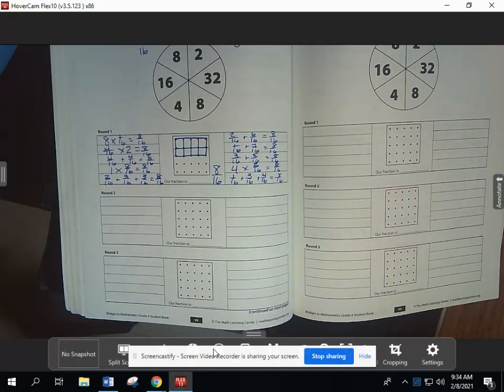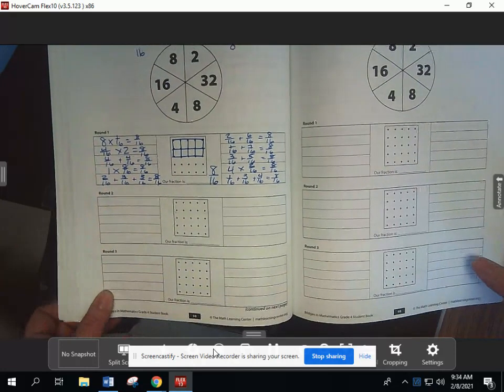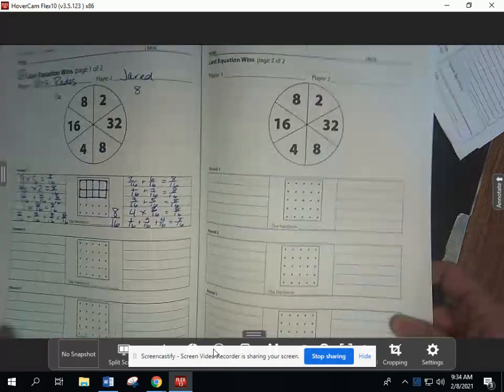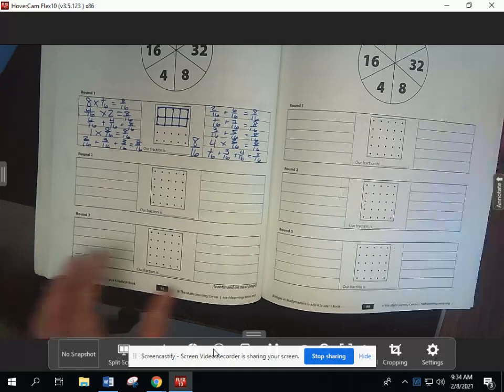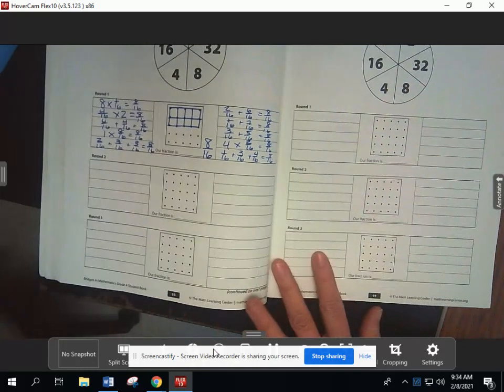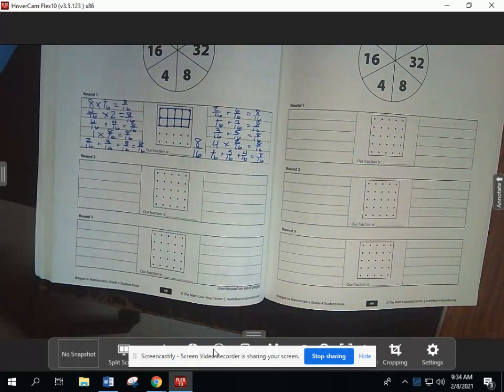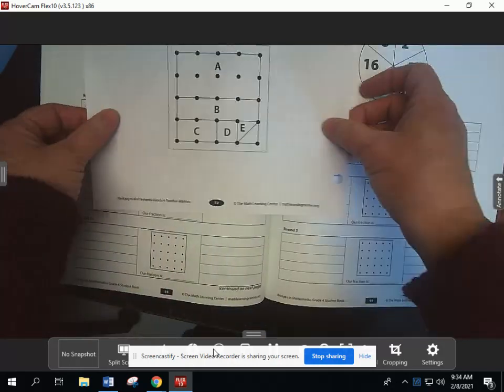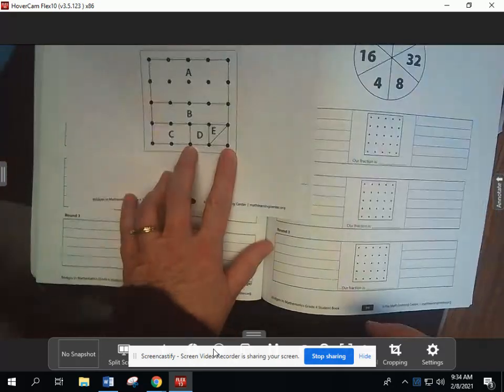Some of you lost them because they ended up on the floor. It's in our Bridges book, not Number Corner. So you may want to get out this piece of paper.